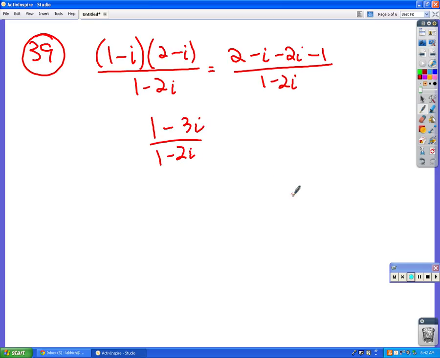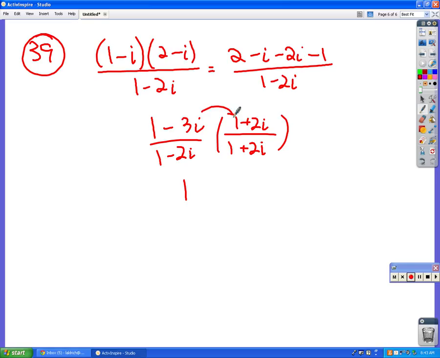What did you just do? Simplify the top. Okay, 1 plus 2i. So 1 minus 6i squared.